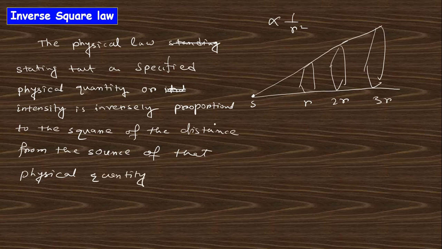Okay, mainly this property or the physical quantity depends only on the 1 by r square term. This is the main funda of the inverse square law. This is called the inverse square law.